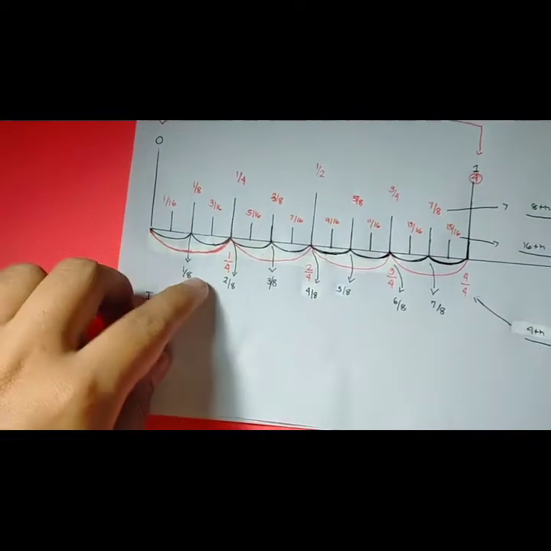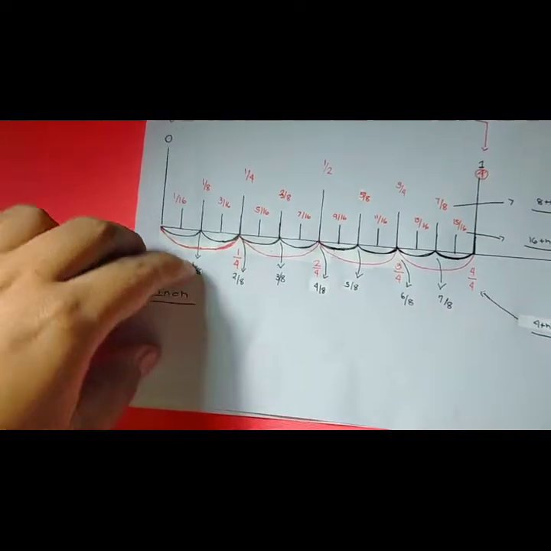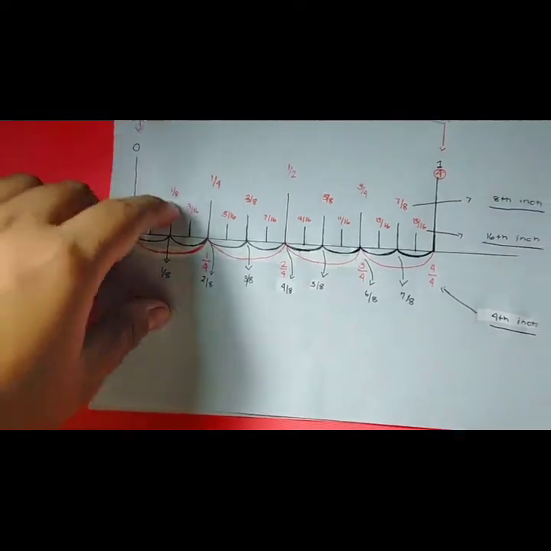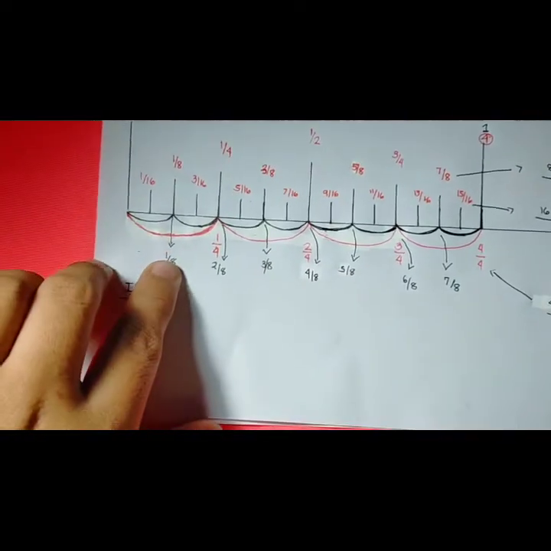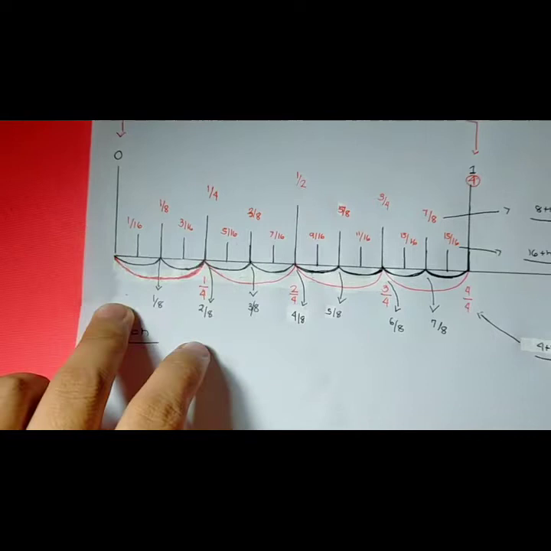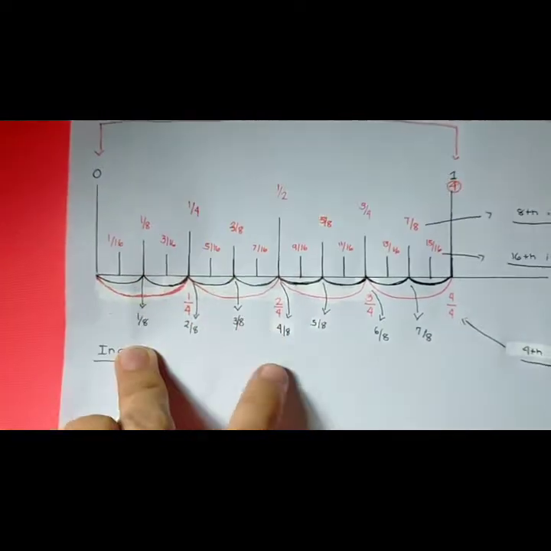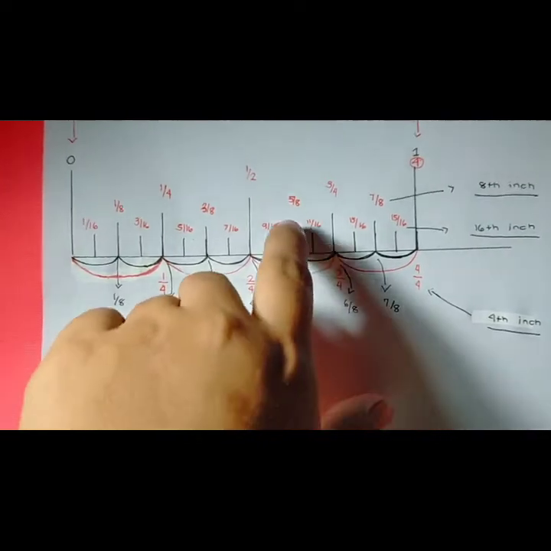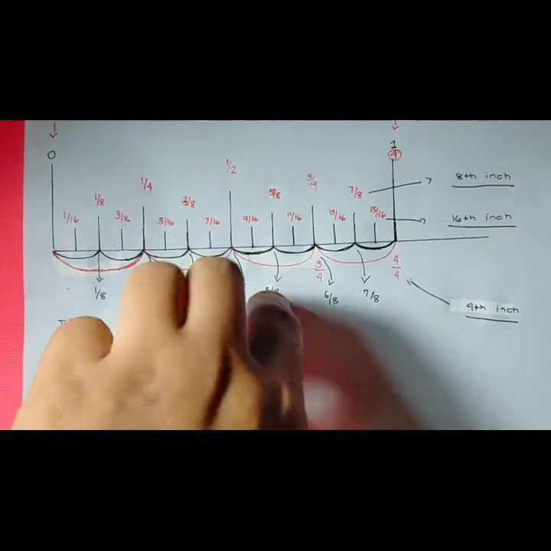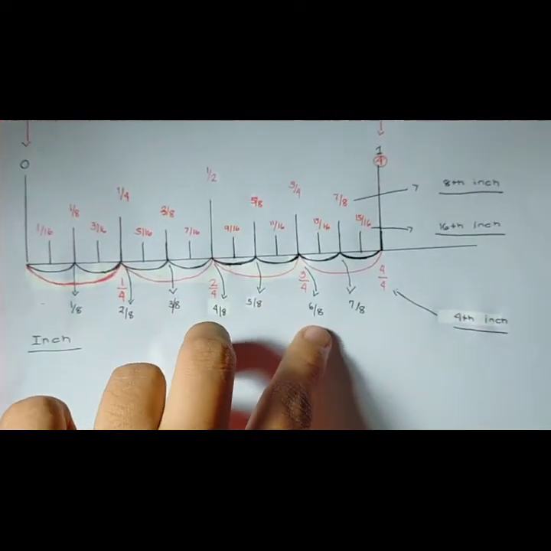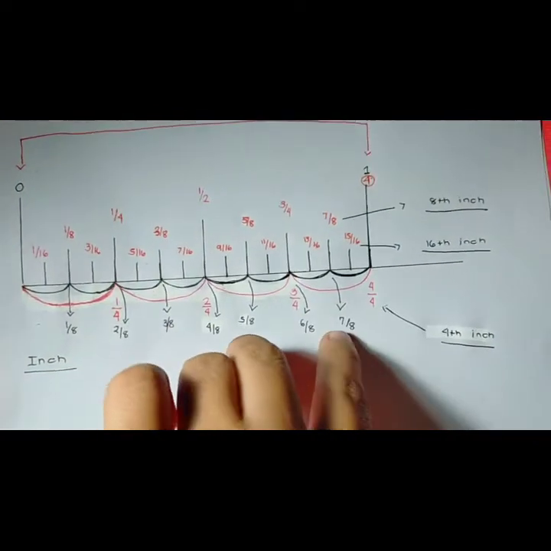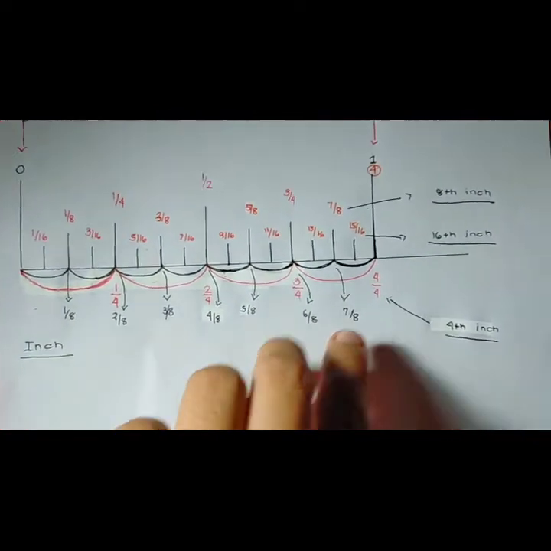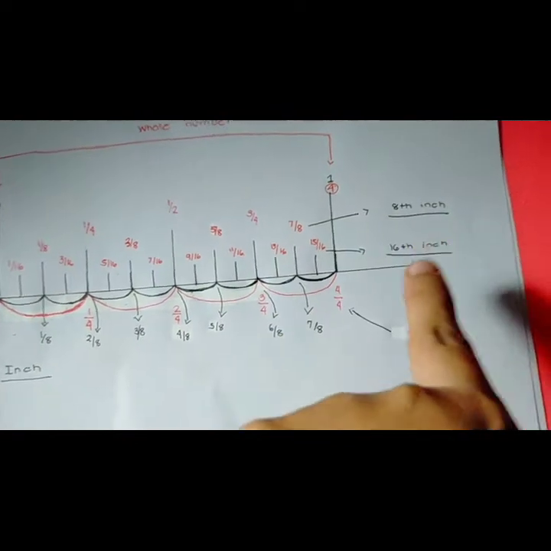This part is the 1/8, right? The second long line, the 1/8, and then the second is the 2/8, third is 3/8, and then next is 4/8, 5/8, and 6/8, and then the last one is the 7/8. So that is our 1/8 inch.